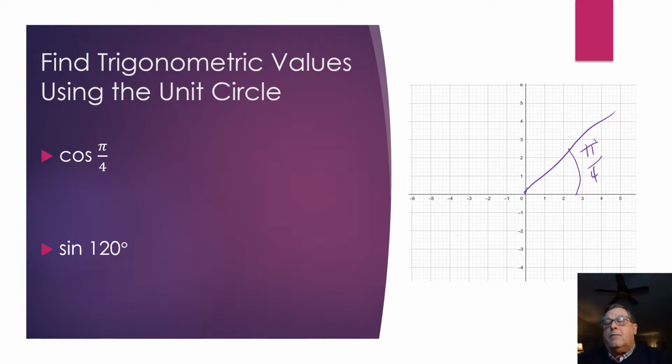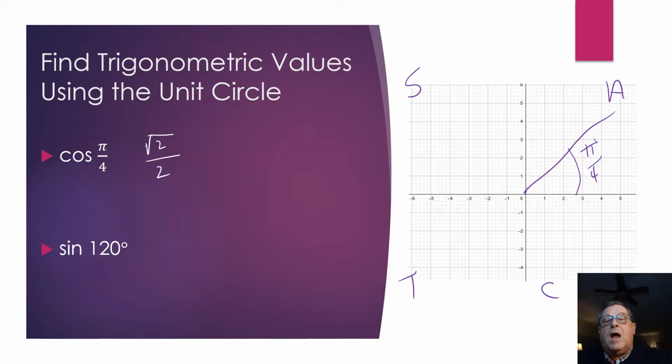And when I've got pi over 4, and let me do this too, all students take calculus. So in that first quadrant, all the functions are positive, and when we've got a pi over 4 reference angle, well, the cosine is square root of 2 over 2, and the sine is square root of 2 over 2. And we're just asked for the cosine, and so it is positive square root of 2 over 2.